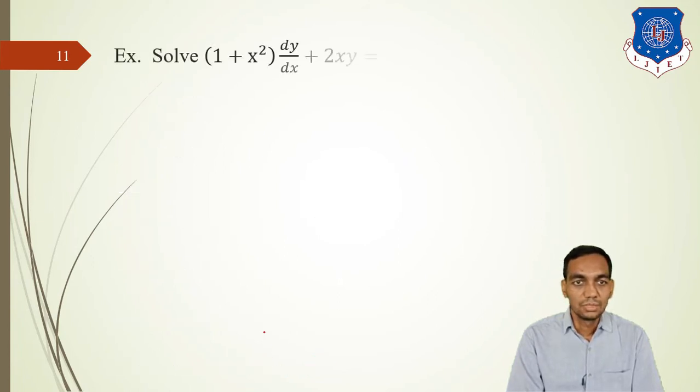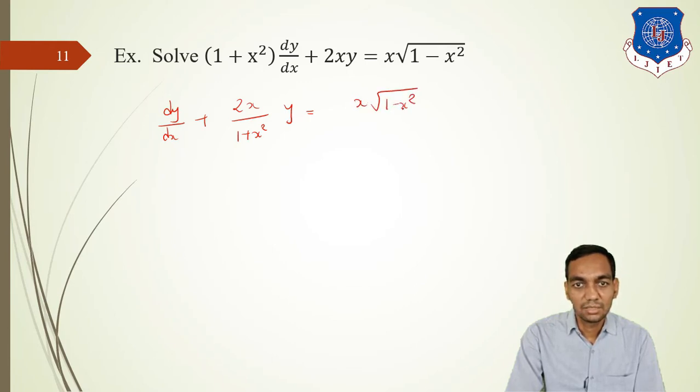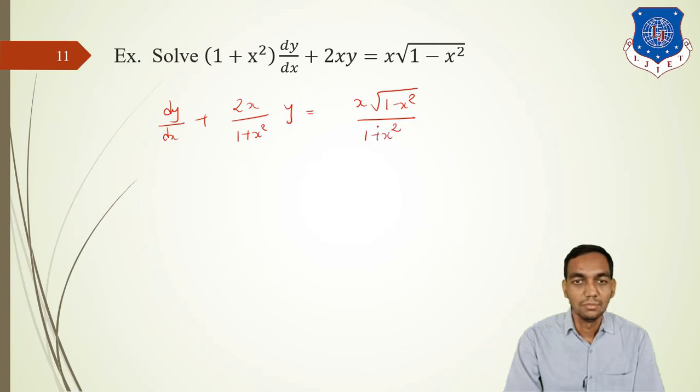Okay. Now solve this equation. First of all, we are going to write this equation in the form dy by dx plus 2x upon 1 plus x square into y is equal to x under root of 1 minus x square divided by 1 plus x square.